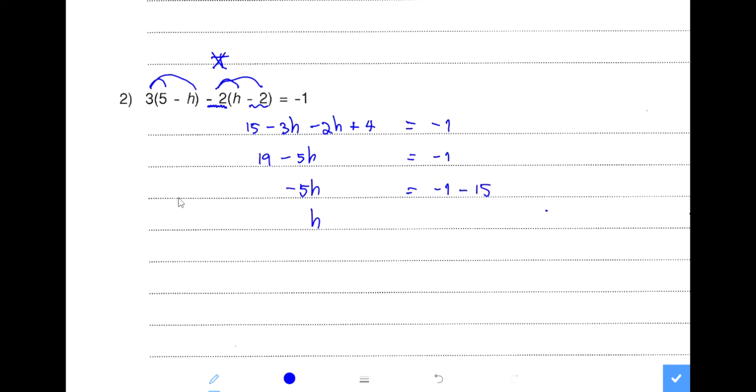So h is negative 16 divided by negative 5. Negative over negative is positive, so it's 16 over 5. Change to a mixed number: that is 3 and 1 over 5.